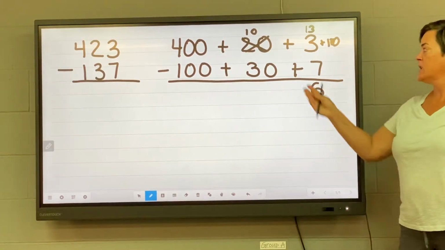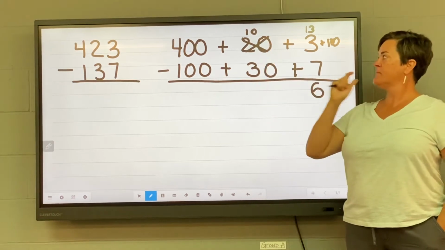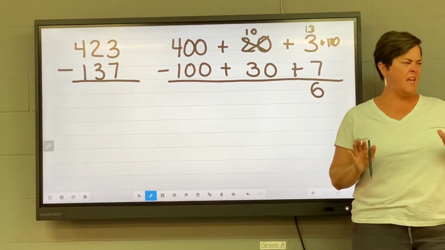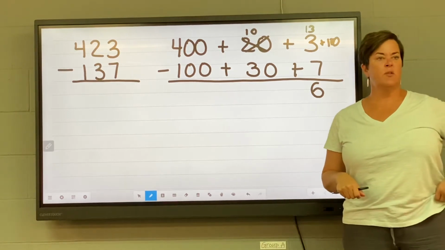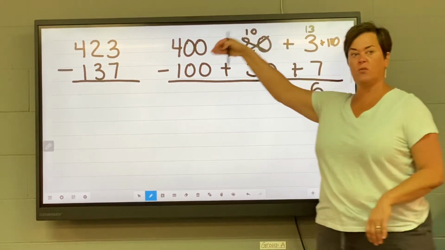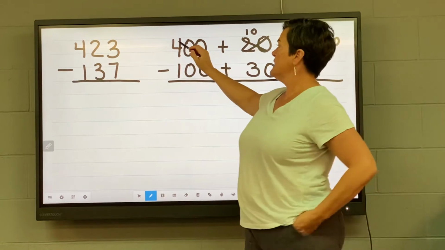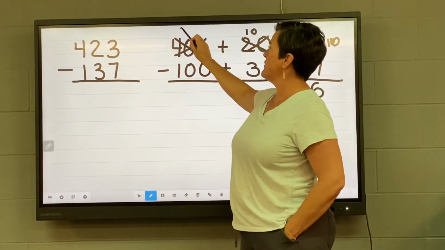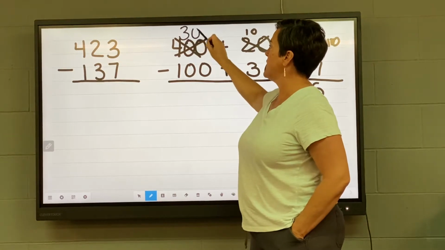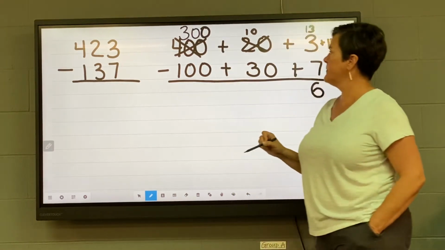Okay, let's move over to our 10s. If I have 10, can I take 30 away? No, so I'm gonna have to go next door, right? We're gonna borrow 100 from here, so that leaves us with 300.